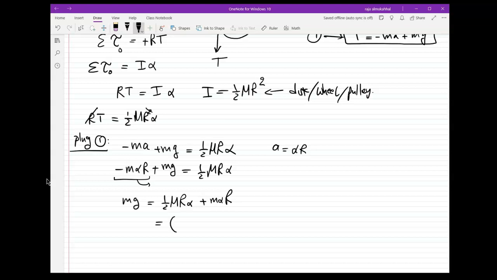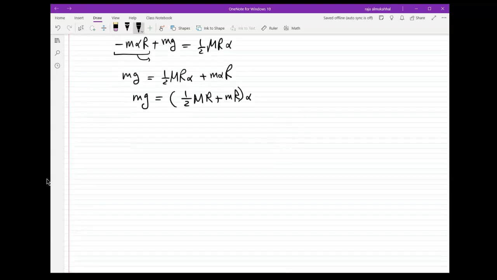I'm going to end up with 1/2 big M big R plus small m big R, times alpha, equals mg, and then I'm going to solve for alpha.